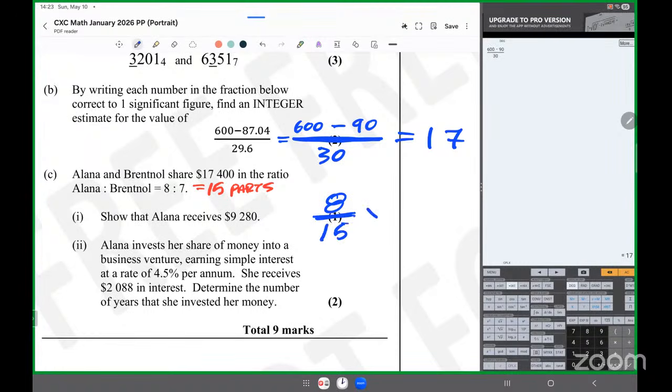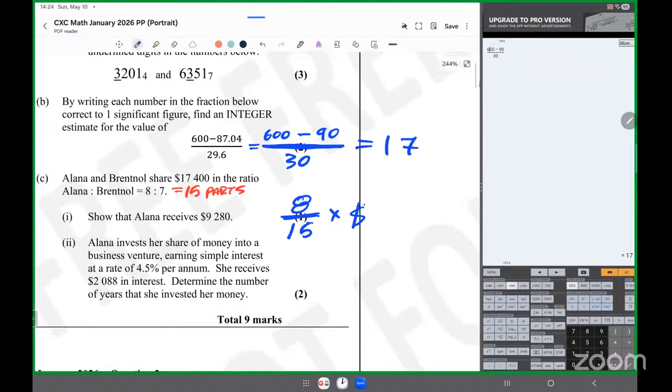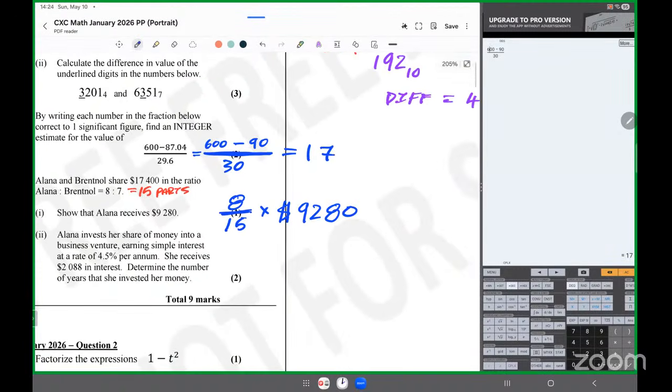So times the amount of money, 17,400. And that's supposed to give the figure, right? 8 over 15 times 17,400.